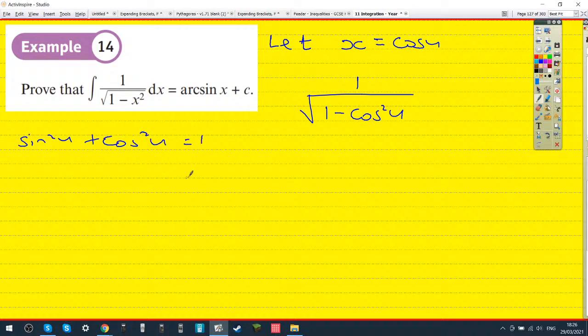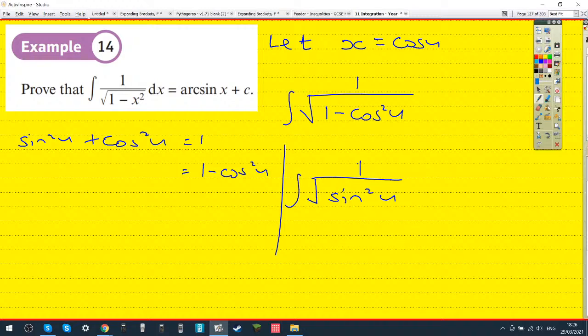What is 1 minus cos squared u the same as? Sine squared u. Yeah. And so simplify. And that will just be 1 over sine squared u. Oh, that'd be 1 over sine u. Yeah, 1 over sine u.